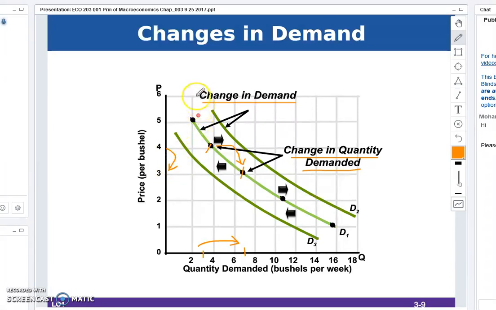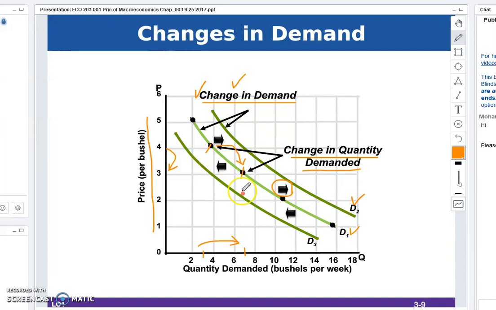On the other hand, change in demand is where any of the non-price determinants of demand change. When that happens, the entire demand curve will shift. So look at this. We are going from D1 to D2 with this thick demand curve, which means that at all prices, demand will be higher than before because of a change in the non-price determinants.